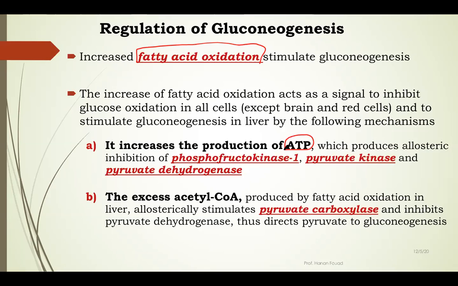So there is inhibition of the key enzymes of glycolysis, such as phosphofructokinase 1, inhibition of glucose oxidation in all the body except red blood cells. The enzymes are not inhibited because the red blood cells depend on glucose mainly, and also the brain, the enzymes are not inhibited.